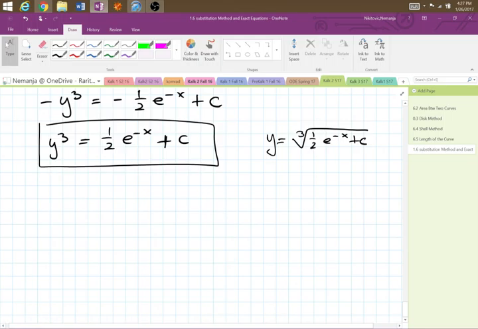The next part of this lecture is the exact equations, where the exactness condition comes from the fact that mixed partial derivatives are the same. And you can integrate.